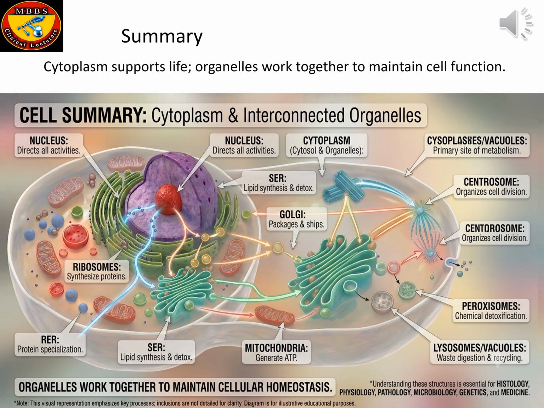Golgi apparatus modifies and packages proteins. Mitochondria generate ATP. Lysosomes digest waste. Peroxisomes detoxify harmful chemicals. Centrosomes organize cell division. All organelles work together to maintain life and normal cellular function. Understanding these structures is essential for histology, physiology, pathology, microbiology, genetics, and medicine.